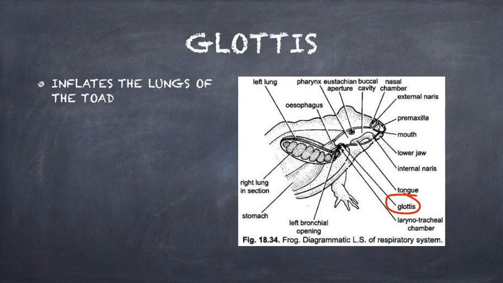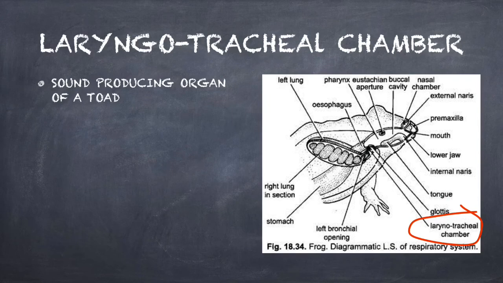Glottis. It inflates the lungs of the toad. Laryngotracheal chamber. It is the sound-producing organ of a toad.